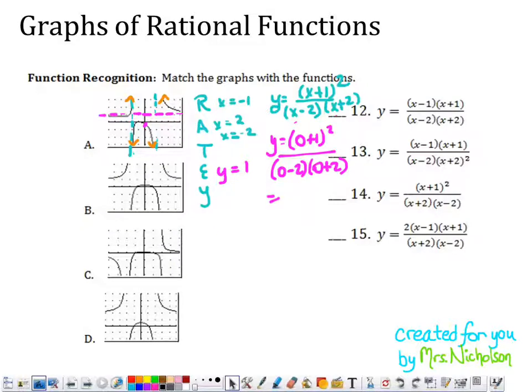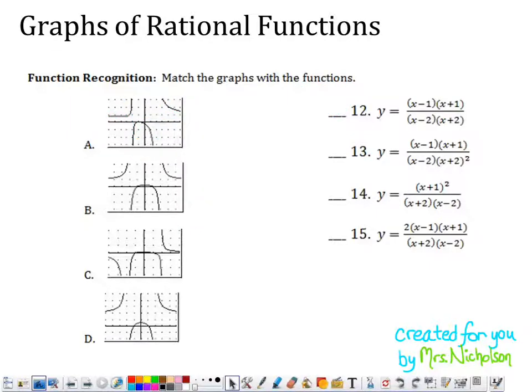So on the top I get 1 squared, which is 1, and on the bottom I have -2 times +2, which is -4. So I have a y-intercept of -1/4, which certainly could be true about the y-intercept on the graph. So my equation is correct, and I'm going to erase everything.